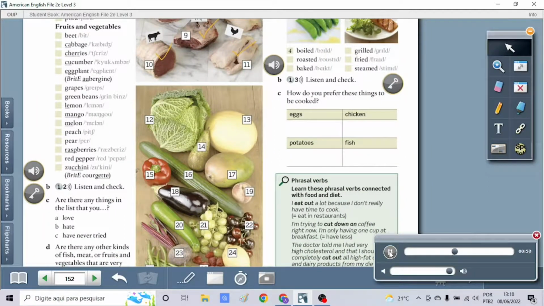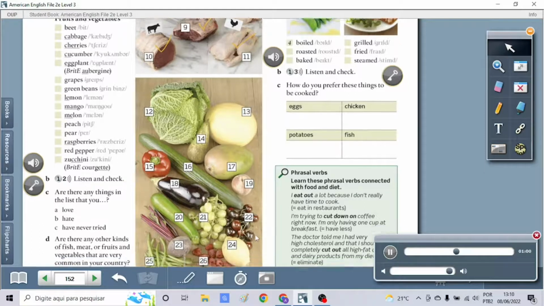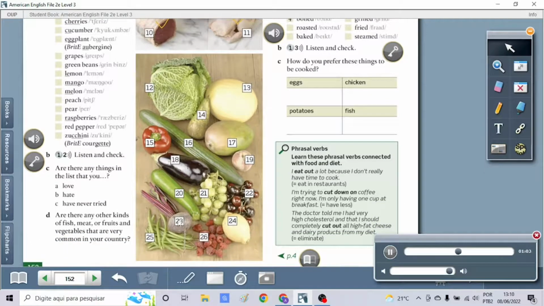Fruit and vegetables. 23. Beet. 12. Cabbage. 22. Cherries. 16. Cucumber. 18. Eggplant. 21. Grapes. 25. Green beans. 24.